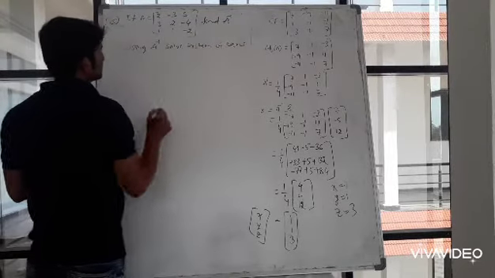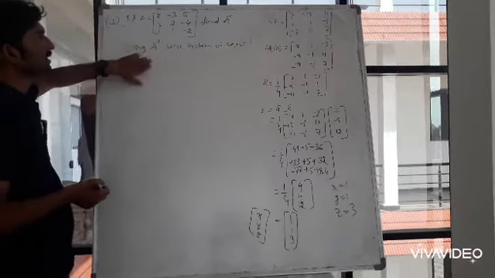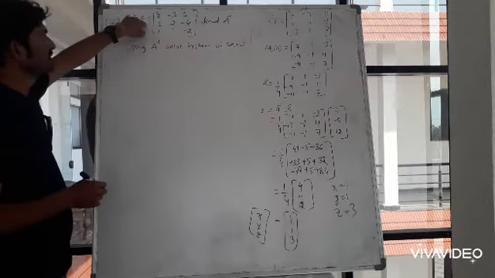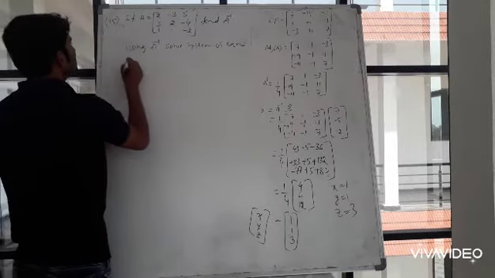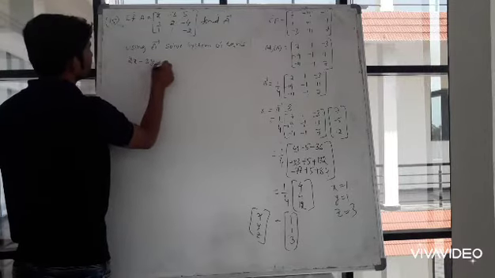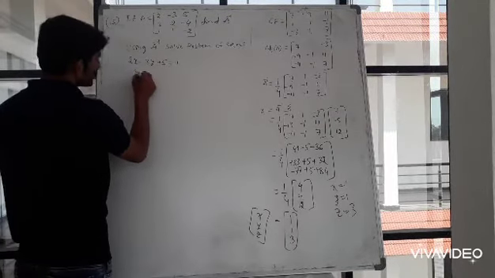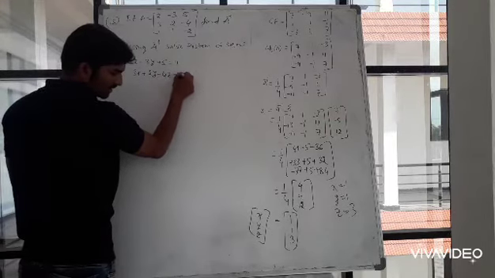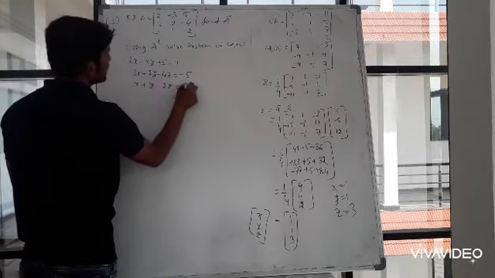Again they have given the equations. So directly consider A, find the determinant of A. If it is not equal to 0, then we'll get A inverse exists. Find that A inverse by using the same procedure as we solved in the previous example. Then the system of equations: 2x minus 3y plus 5z is equal to 11, 3x plus 2y minus 4z is equal to minus 5, x plus y minus 2z is equal to minus 3.